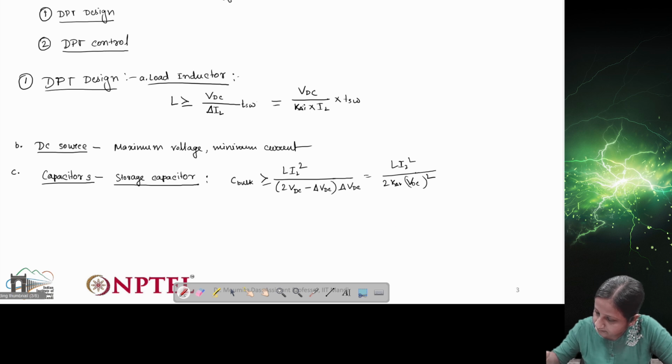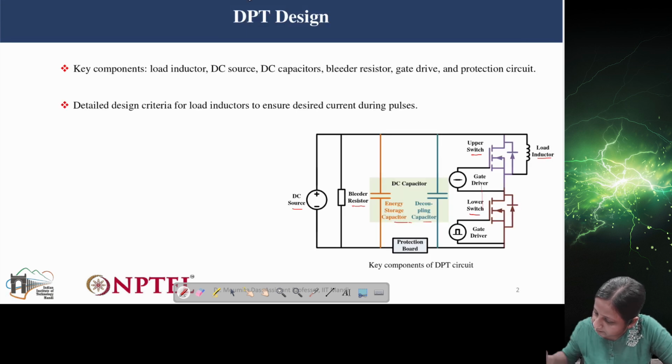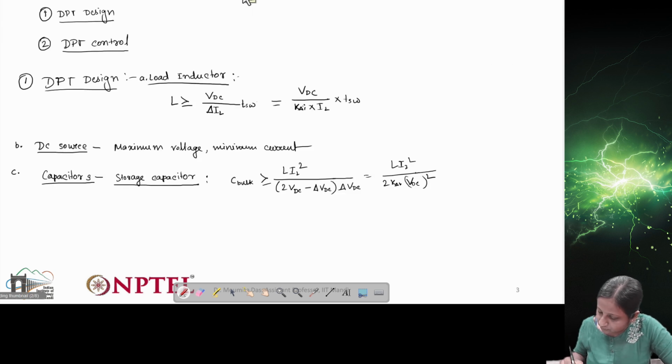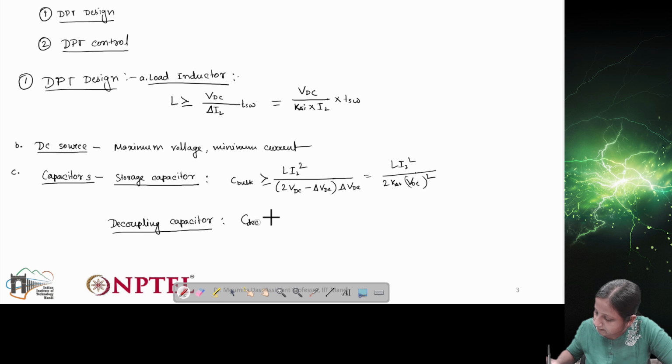In the previous slide you can see two capacitors: the energy storage capacitor, which I am representing as the bulk capacitor, and the decoupling capacitor, which let's represent as C_DEC.